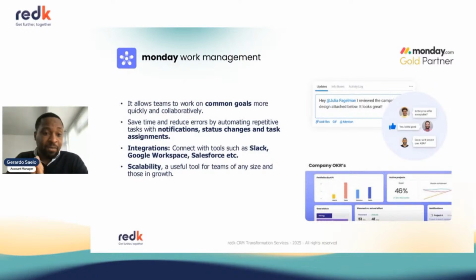The main benefit of this platform is that it allows teams to work together on common goals. It speeds up the process of working on a project. It helps different teams collaborate on the same goals, like I said before.